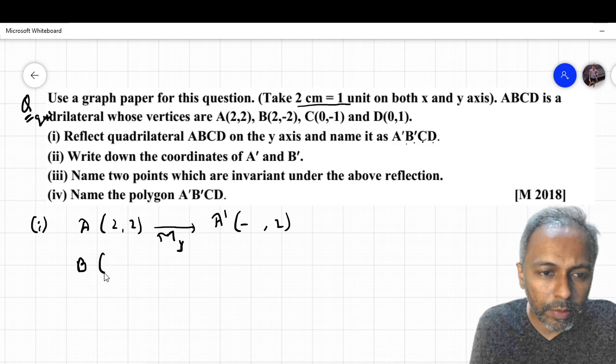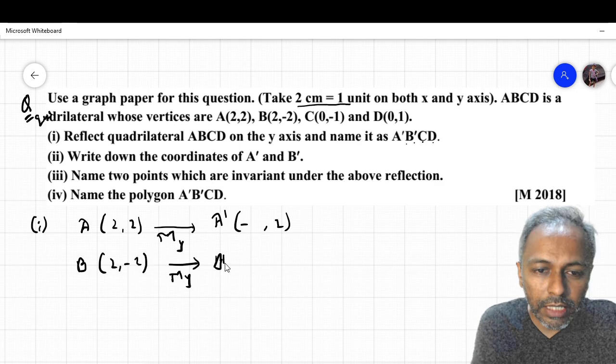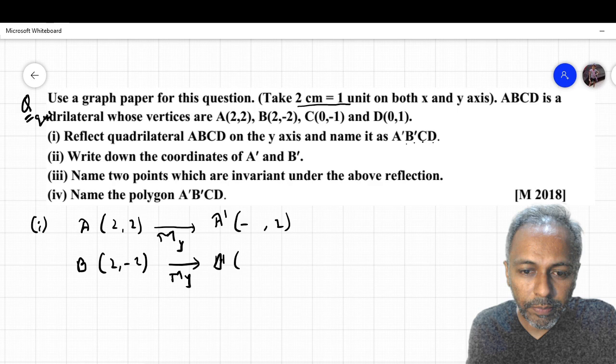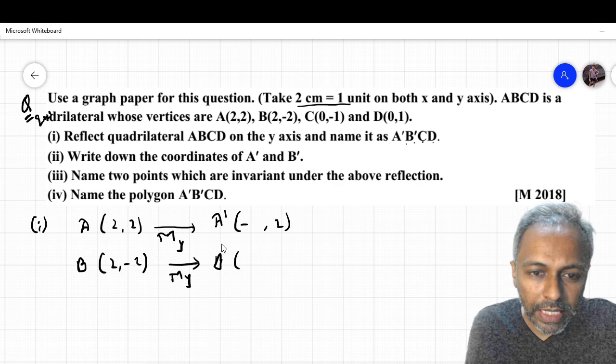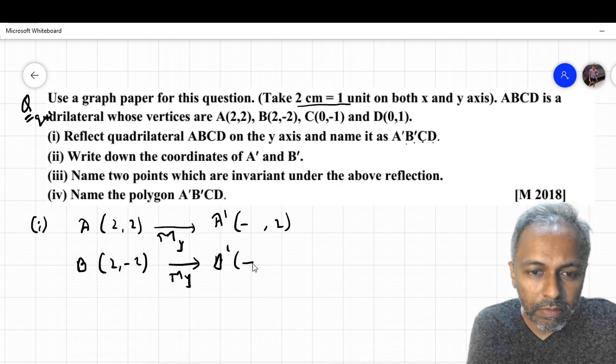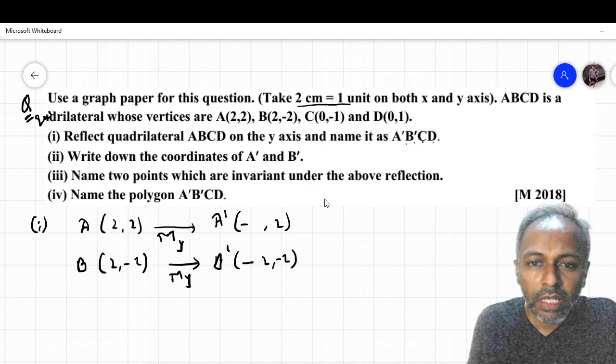Again about the y-axis, then B dash will become, how much? The x coordinate will change in sign, so B dash would become (-2, -2).